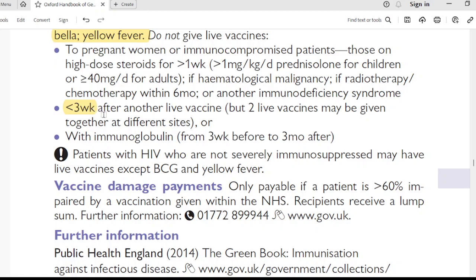Less than 3 weeks after another live vaccine, but 2 live vaccines may be given together at different sites. So you cannot give another live vaccine within 3 weeks of another live vaccine. With immunoglobulin from 3 weeks before to 3 months after.